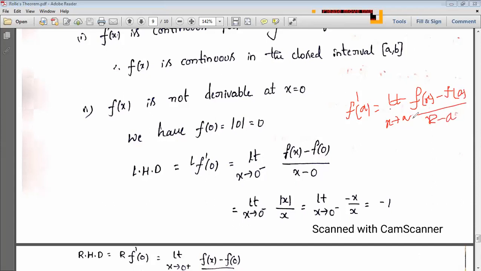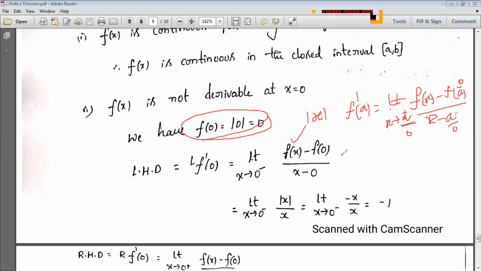So the left hand derivative is written with a minus. If it is the right hand derivative, we write a plus. Here I am calculating at 0, so I substitute 0 in place of a. So f of x minus f of 0 by x minus 0. The function I am choosing is mod x, and f of 0 is equal to 0.